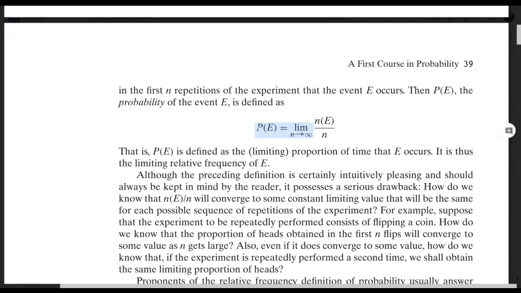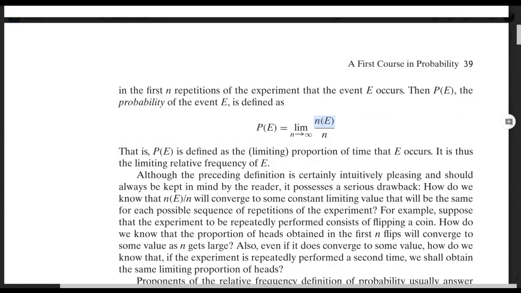So the probability of event E occurring is defined as the limit of the number of times E occurs divided by N as N goes to infinity. Hold on one second. They're using two same N's.